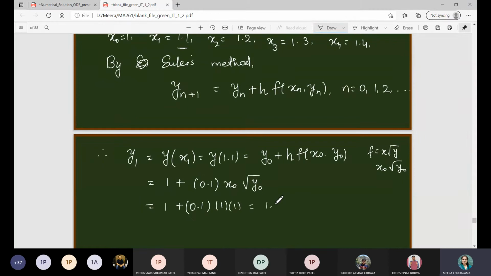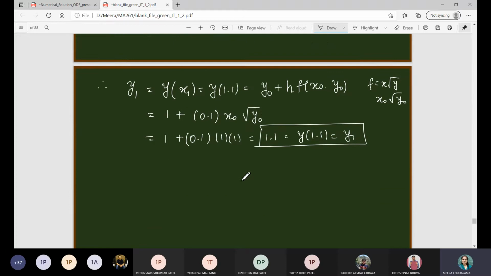So this is nothing but 1.1. This is the first iterated value, y1, which means y at 1.1.